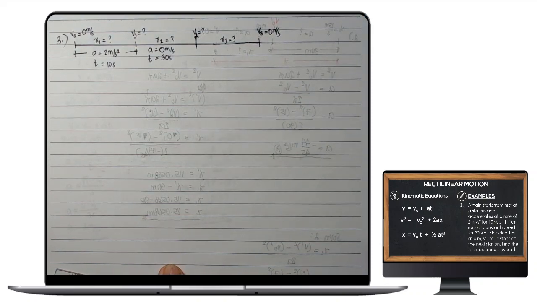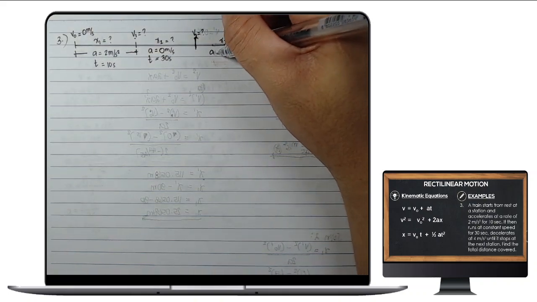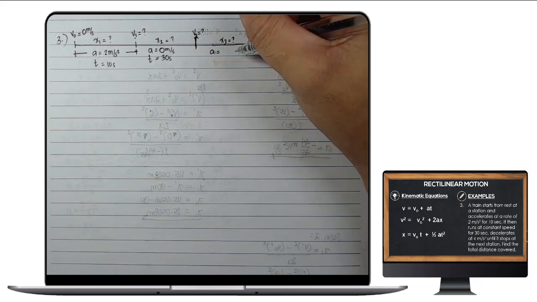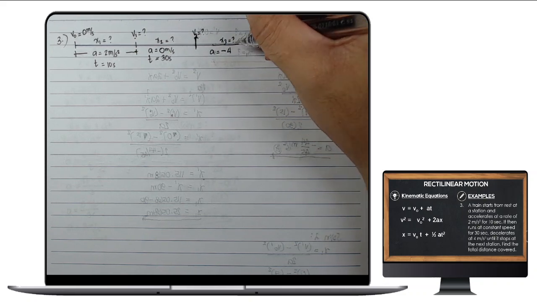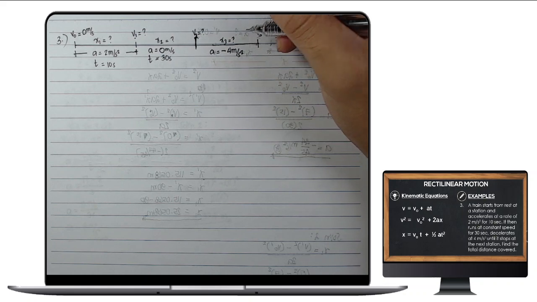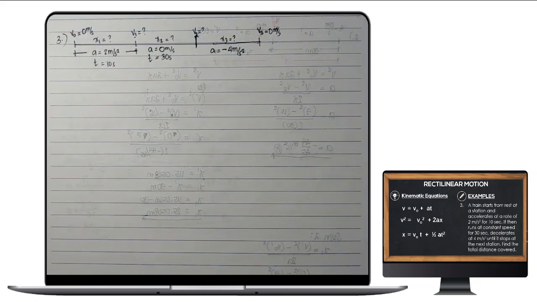Because as stated in the problem, it stops. But before it stops, it decelerates. So it slows down at a rate of 4 meters per second squared, so that should be negative because it is slowing down. Okay? So ayan yung ating diagram.